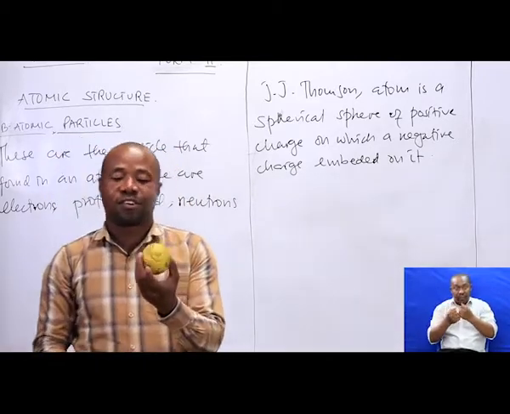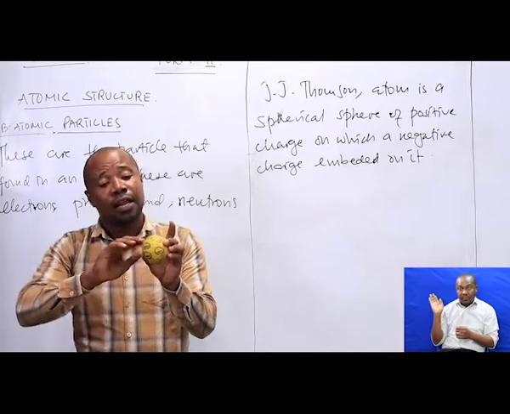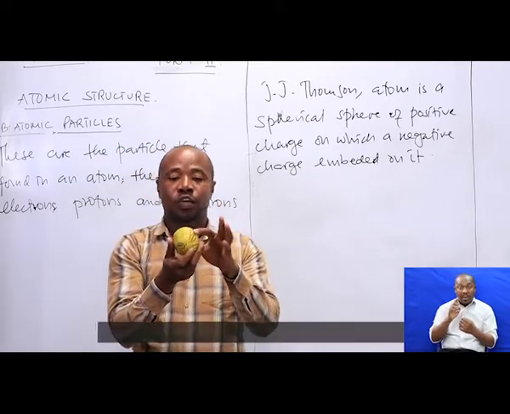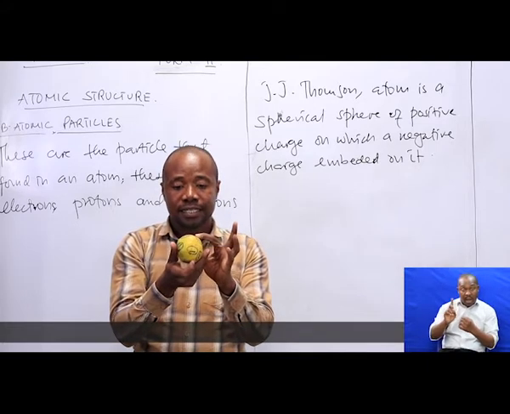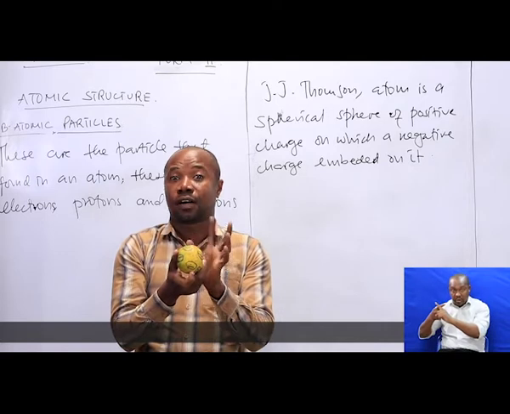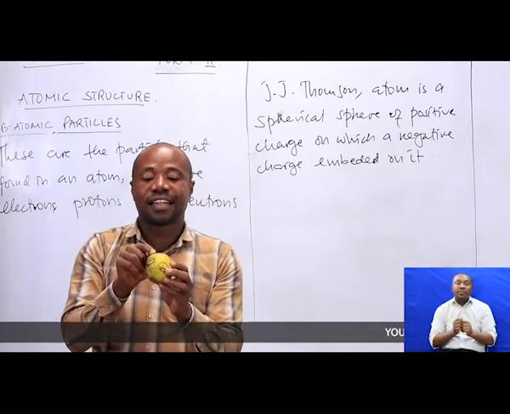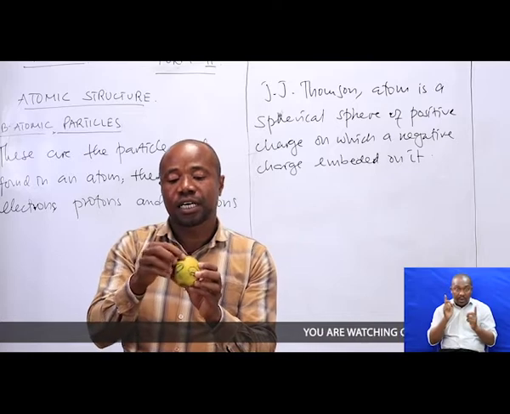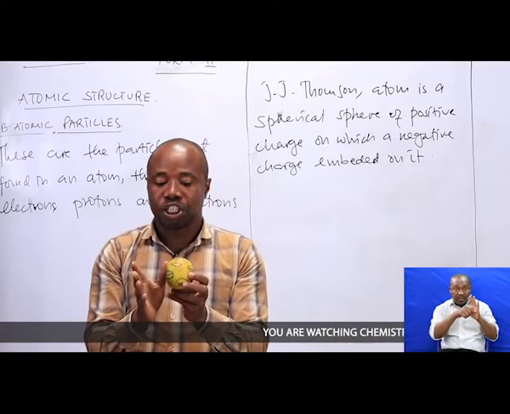Look at this. Let's say the yellow color you see in this is a positive charge. Clear? And the green you see is a negative charge.